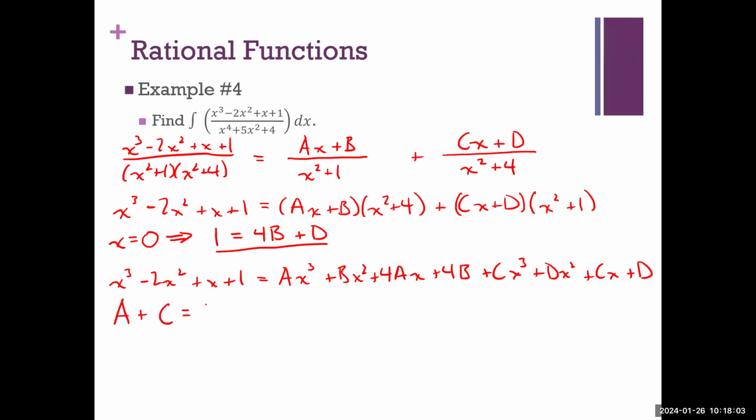If you factor out x cubed from a and c, you're left with x cubed times a plus c. Good. So the only way these expressions on the left and right can be equal to each other is if all of the x cubes agree, if all of the x squareds agree, and so on. So because of that, a plus c equals 1. Can I do another similar thing? Can we follow that logic to write another equation?